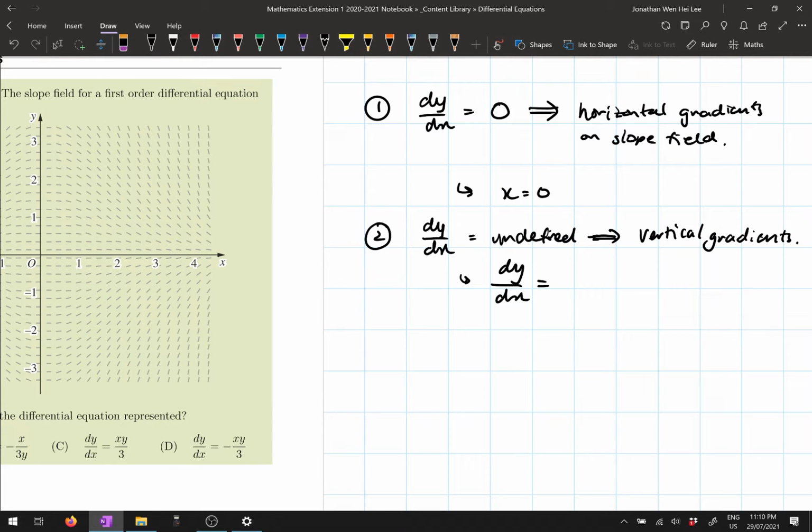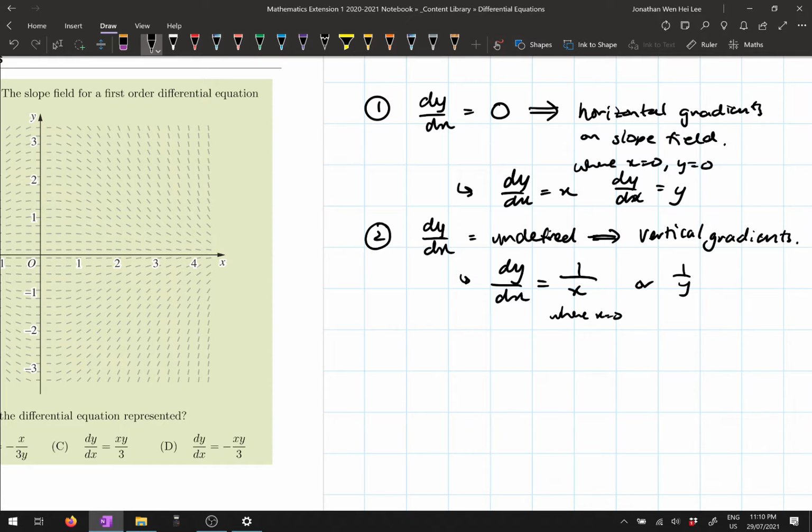Probably it's better to fix up these ones as well. dy on dx is equal to x of some sort, or dy on dx is equal to y at those particular points. The other thing is this is equal to 1 over x, so at those points you've got 1 over x undefined where x is equal to 0, and maybe we should write where x is equal to 0, y is equal to 0, or 1 over y.